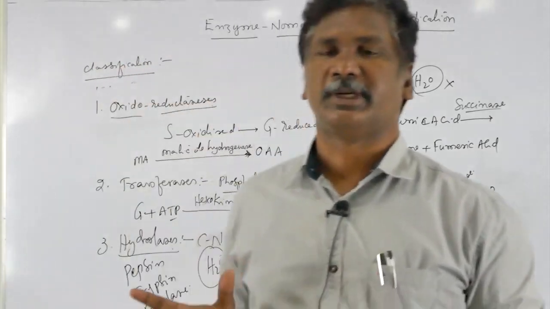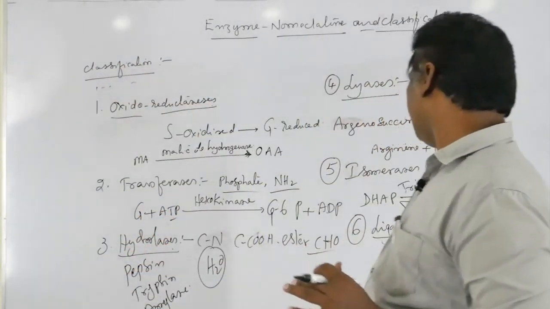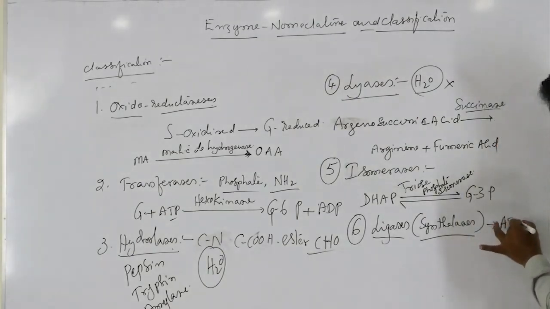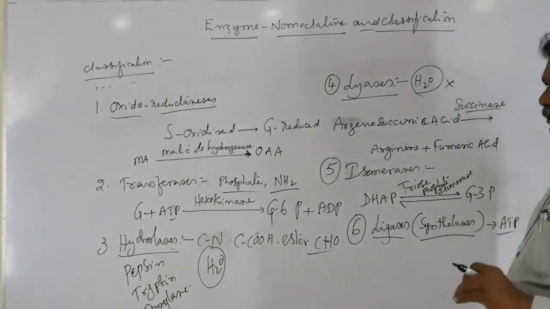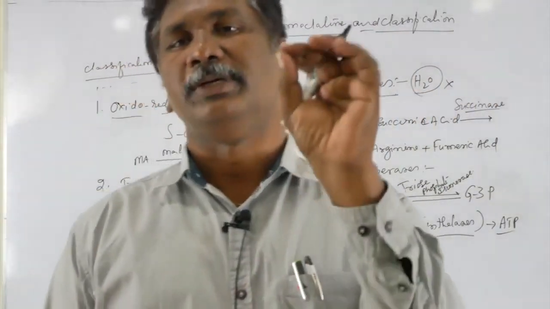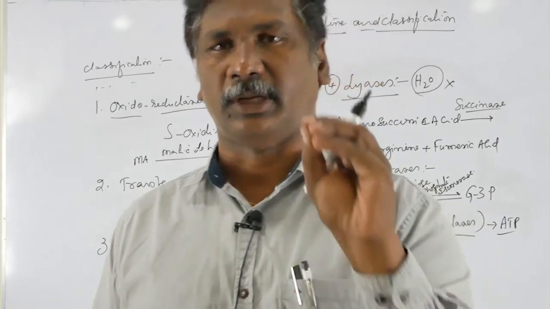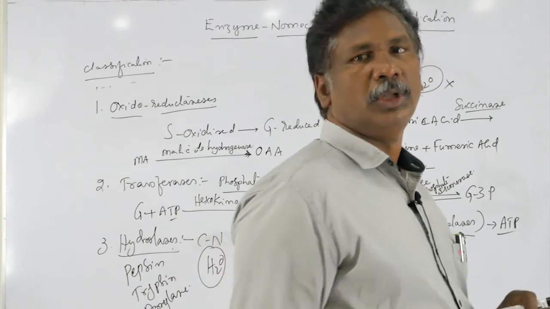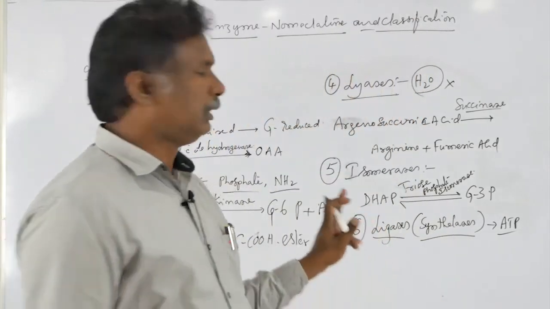In this case, energy is used in the form of ATP, because you know very well that ATP is considered the energy currency in the cell. ATP acts as the energy source for the formation of new chemical bonds.